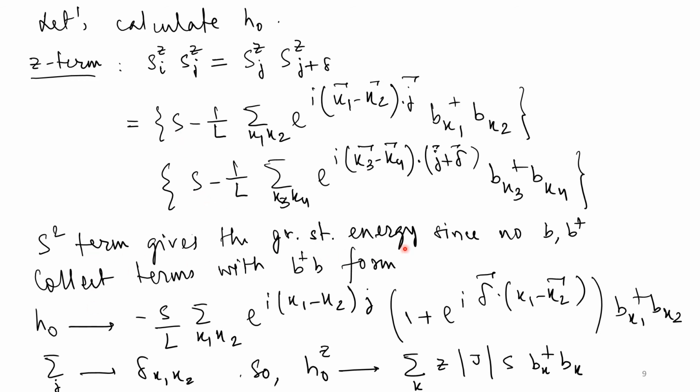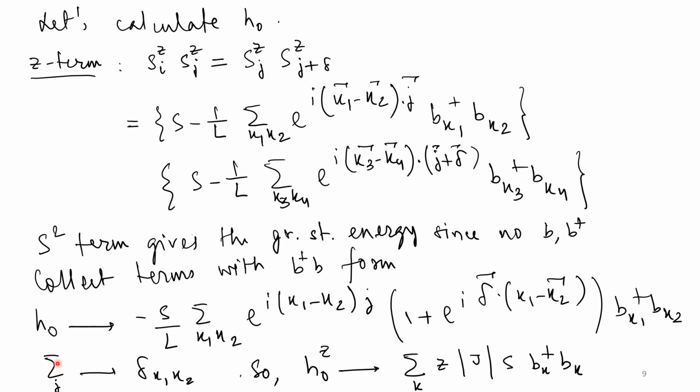Clearly that is the ground state energy contribution. There will be two terms, this times this and this times this, which will be quadratic in the B operators. That is what we are looking for. That is your H0 part. And there will be some terms, this times this, which are these magnon-magnon interactions, which we are not interested in. So you just take these two cross terms, you will get that.